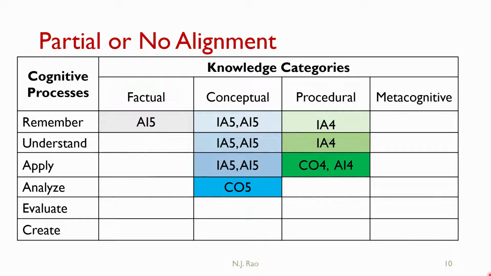For example, as we said, there should be some AI5 with respect to CO5. As we said, in the CO4 case, 100% of assessment items are in cell 3 and 3, whereas here the AI5 is totally absent in the cell 4(2).